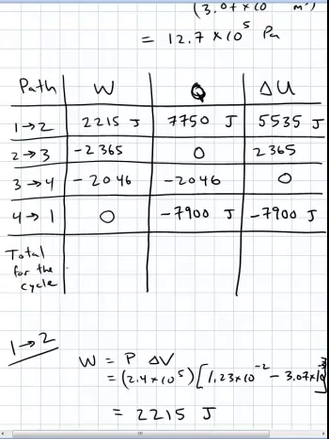We add those up, I've got a negative 2,196 joules. For our Q, I get the same thing. And for delta U, I get 0 because this is an ideal gas, and we start and end at the exact same condition, at the same temperature. And the internal energy of an ideal gas is only determined by temperature.